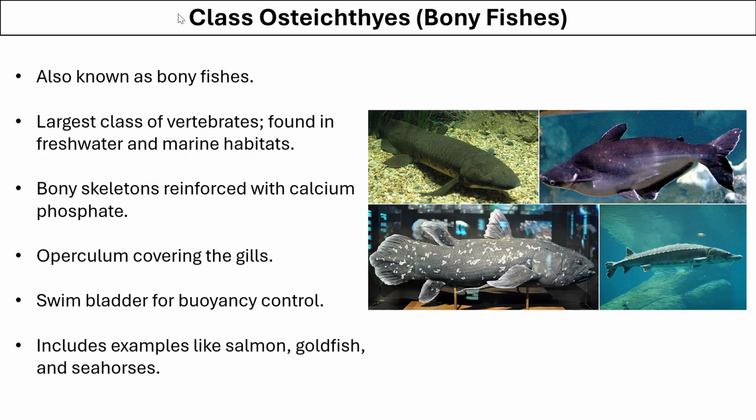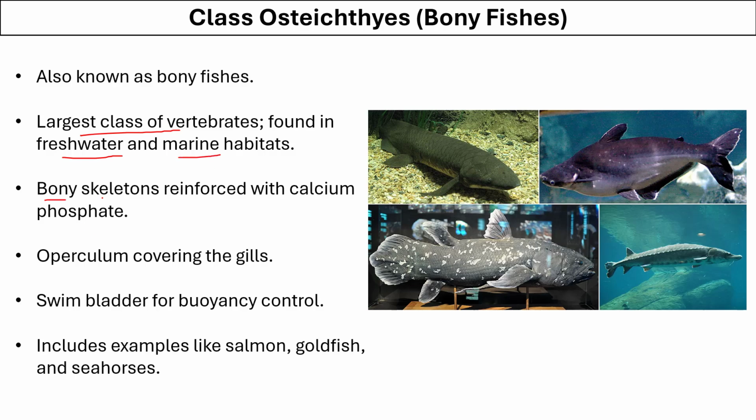The next class of chordata is Osteichthyes, which are bony fishes. So the bony fishes have their endoskeleton made up of bones, unlike the cartilaginous fishes, which have the endoskeleton made up of cartilage. These fish form the largest class of vertebrata, and they are found both in freshwater and in marine habitats.